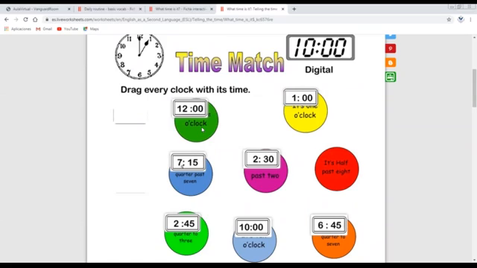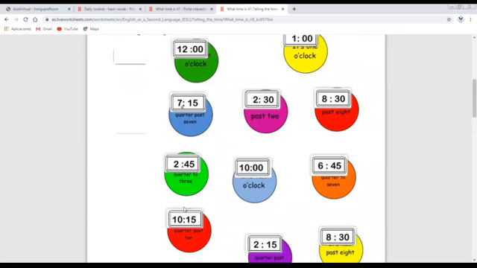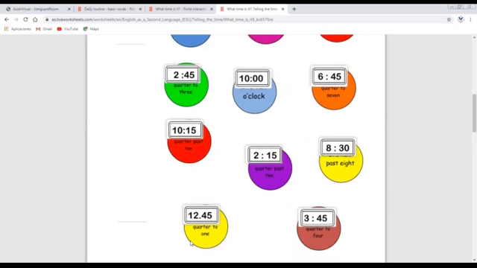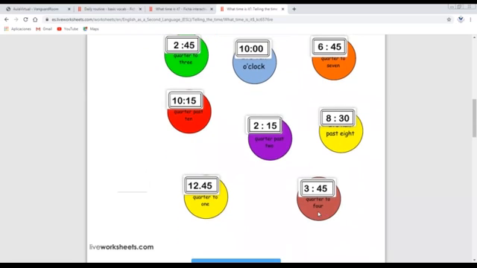It's 12 o'clock, it's 1 o'clock, it's a quarter past 7, it's 2:30, it's 8:30, it's a quarter to 3, it's 10 o'clock, it's a quarter to 7, it's a quarter past 10, it's a quarter past 2, it's 8:30, it's a quarter to 1, and it's a quarter to 4, okay?